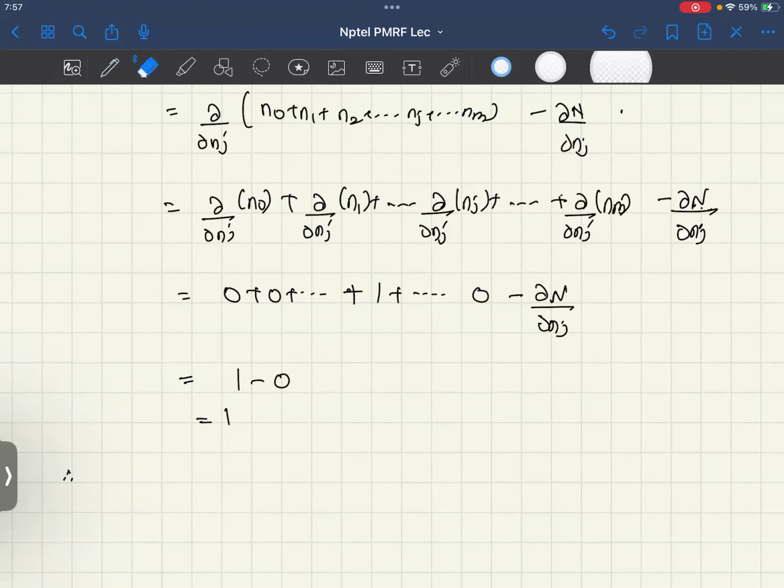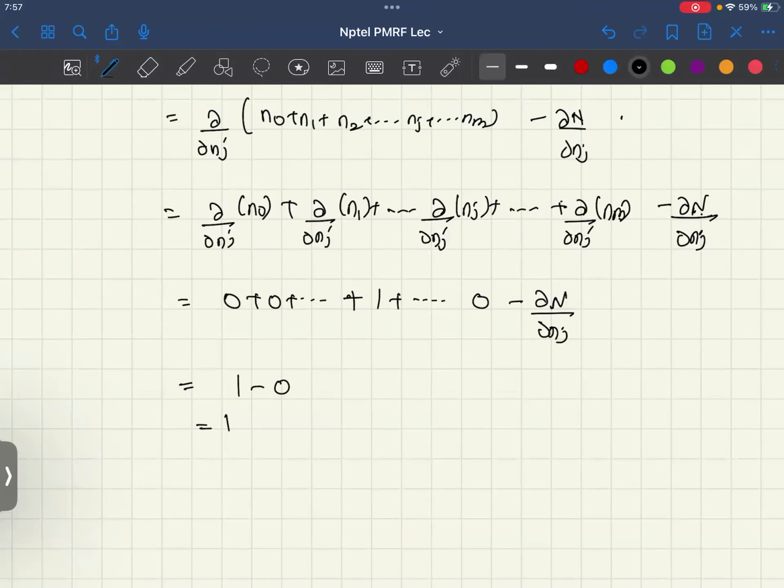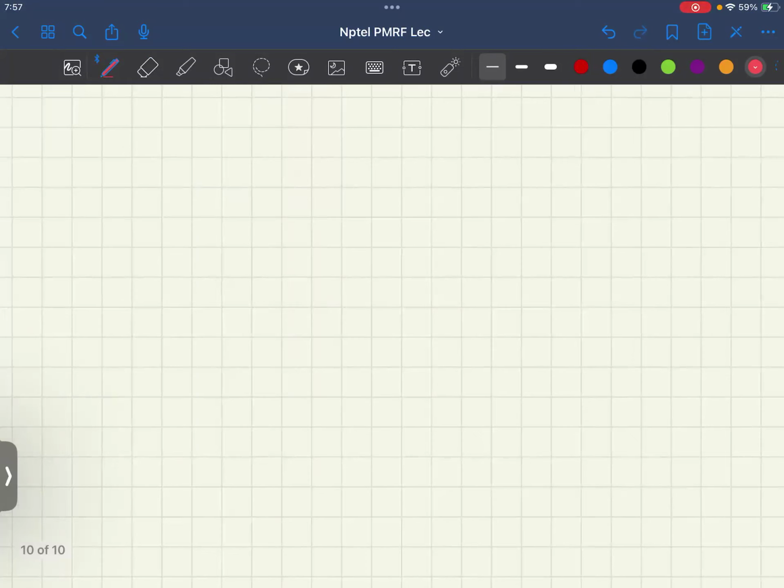Therefore, what we can say is ∂/∂nj of G1 is equal to 1. This is option C.